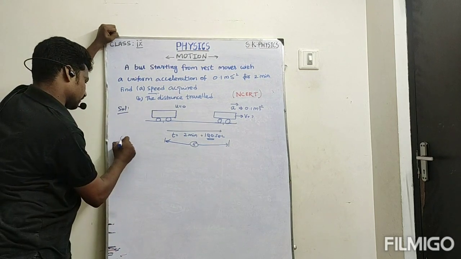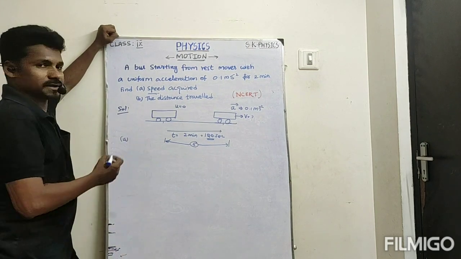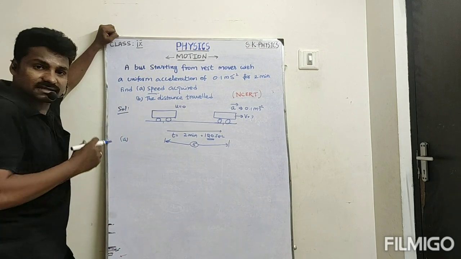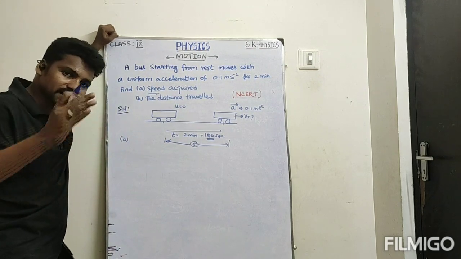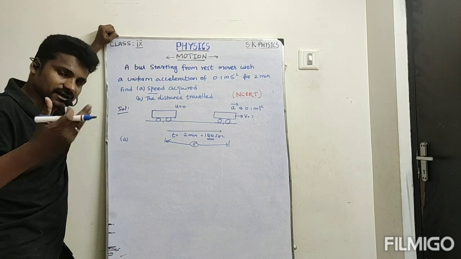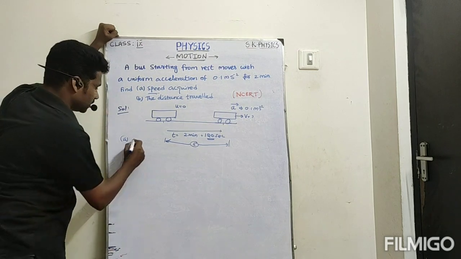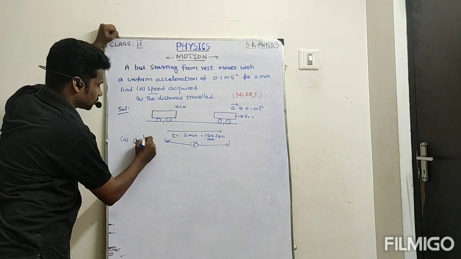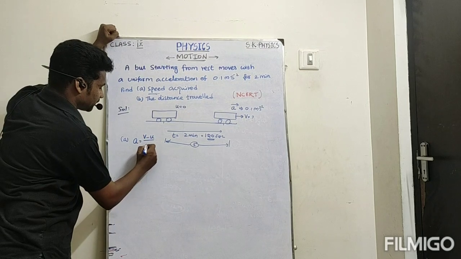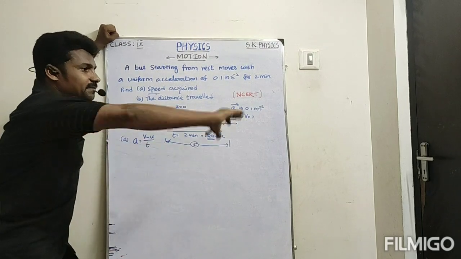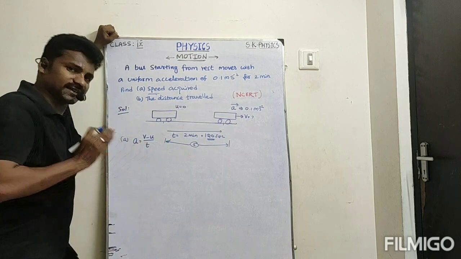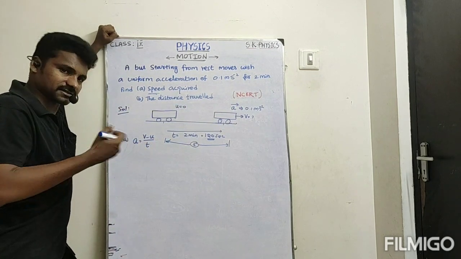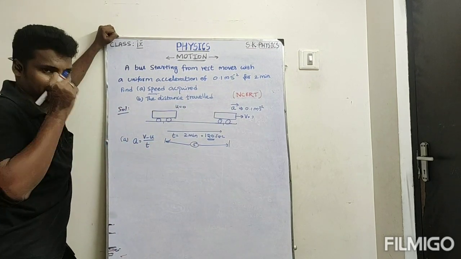First I am going to find question A, the speed. We know that acceleration is given, so acceleration and the change in velocity: the formula is acceleration is equal to change in velocity divided by time. It is a linear path, a straight line. In a straight line we can say speed, or otherwise velocity also, correct?